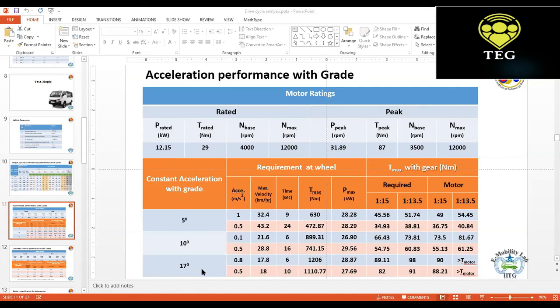So in that case, the Road Transport Corporation will specifically mention in the tender that, look, we are going to use this vehicle in hilly terrain. There are many steep climbs, okay. So 17-degree grade is a usual thing that the vehicle will encounter, and we need a decent acceleration of around 0.5 meters per second square, and we want that the vehicle should have a maximum speed of 18 kilometers per hour when it's going 17-degree uphill.